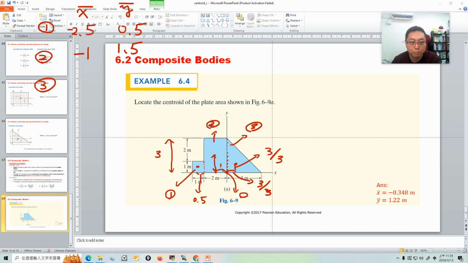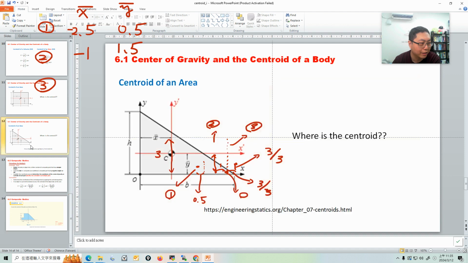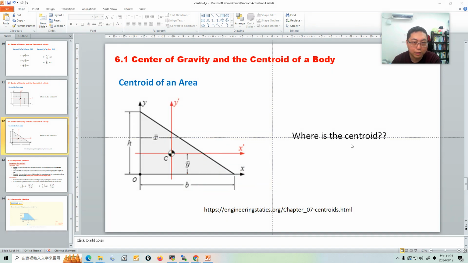Sorry, I should hide this first. What's the centroid of a right triangle? It's here. The x component is b/3, and the y component is h/3. So x here is b/3, and y here is h/3.